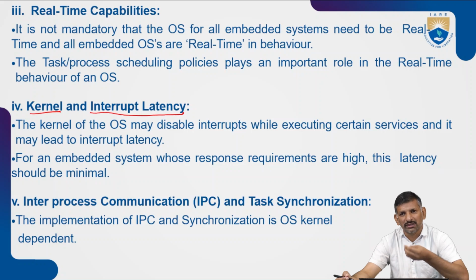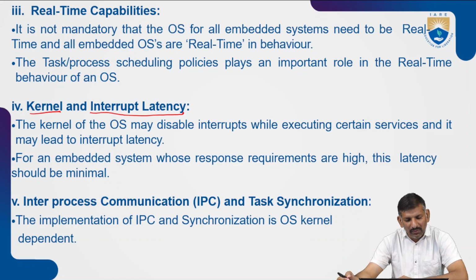Whatever time is taken by the highest priority task's execution, during that time we are not executing other processes. Is that okay or not? For an embedded system whose response requirements are very high, this latency should be minimal. So the interrupt latency should be minimal, or you can consider it as waiting time.